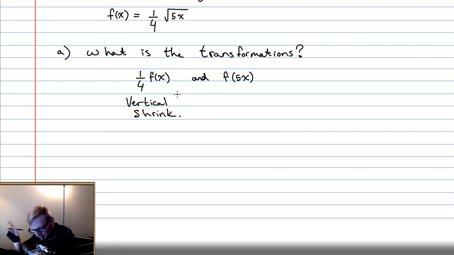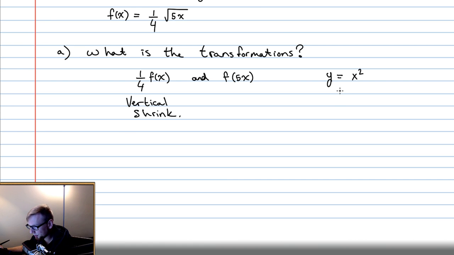Okay, what does this transformation do? Let's think about it in terms of another function. Let's do y equals x squared.